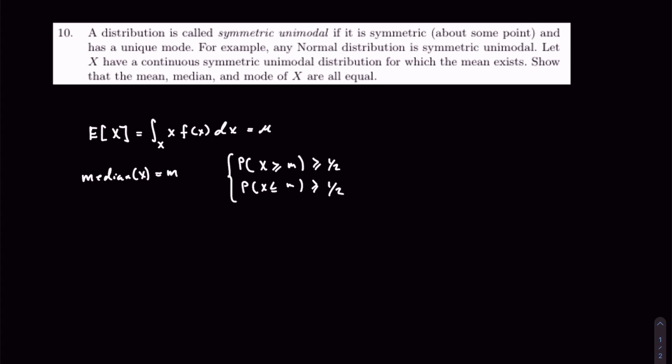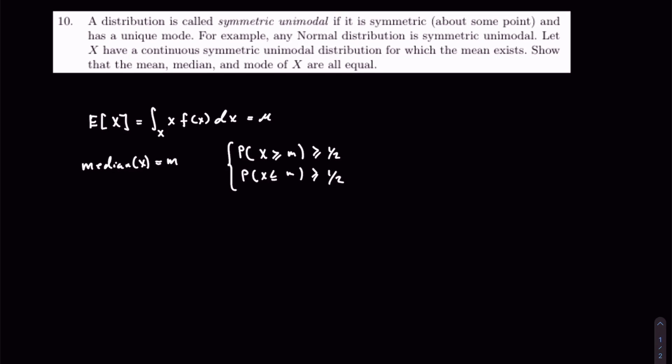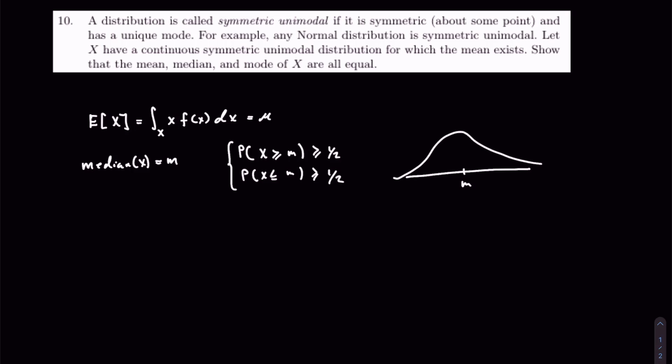So these need to be true simultaneously, and basically this means that for a distribution, let's show this as the normal, something like this, we'll have half the distribution to the left of m and the other half to the right of m.